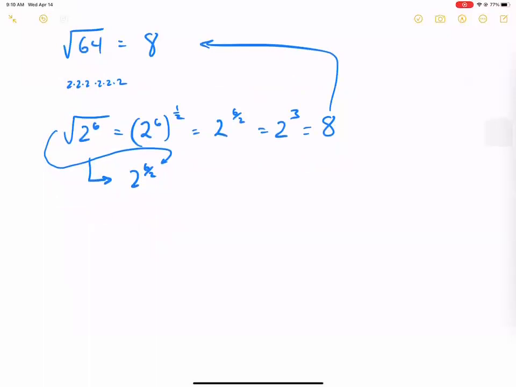But what if I give you the same idea? If I write 64, but this time let's write the cube root of 64. Using our 2's, how many 2's give us 64? We said 2 to the 6. Let's rewrite this as a fractional exponent. 2 to the 6 over 3.